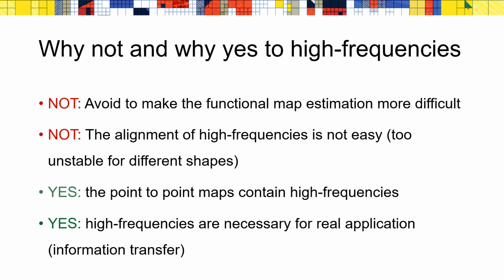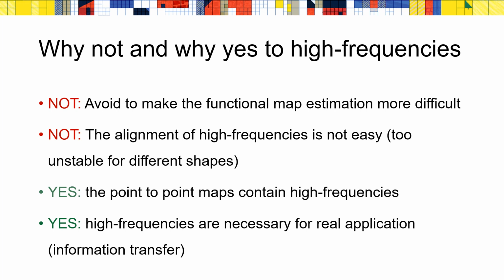So one of the main limitations of the functional map framework is that it is not able to well represent high frequencies. And I would like to give you a recap about why it is preferable to involve high frequencies in the functional map representation and why not.